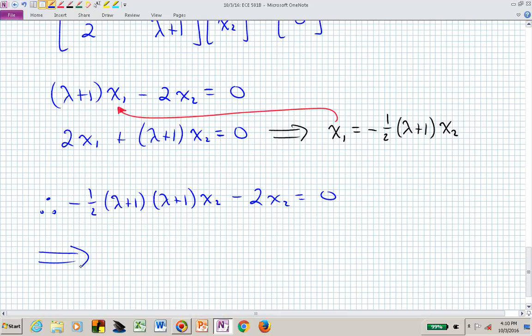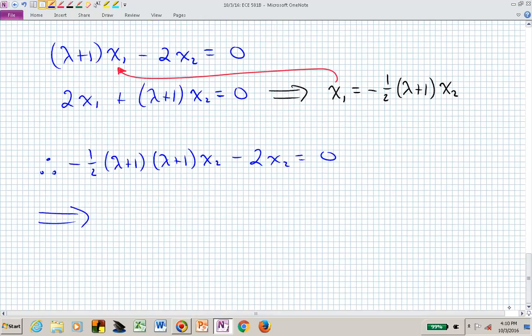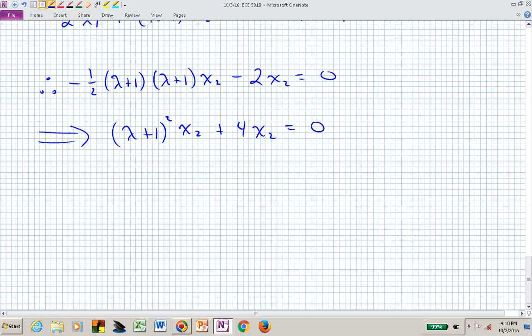Or if we multiply all the terms by minus 2, then we end up with lambda plus 1 squared x sub 2 plus 4x sub 2 equaling 0. We have an x sub 2 in common with those, so let's factor that out.